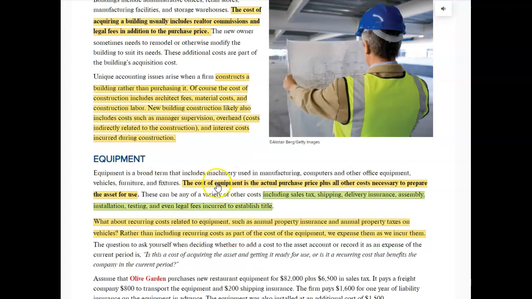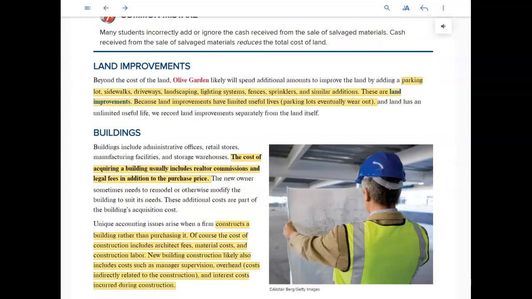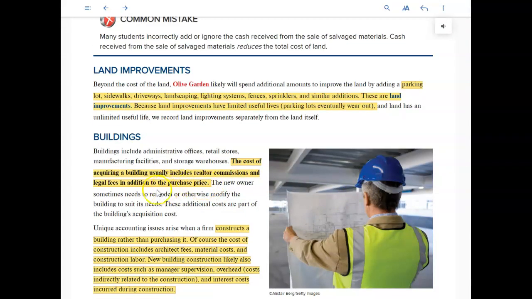For buildings, similar to the land, the cost of the building usually includes commissions we're paying, the legal fees and so forth, title transfer. All that goes into the cost of the building. If we build our own building, then we're going to pick up the cost of architect fees, materials cost, construction labor, and also costs such as manager supervision, overhead cost that relate to the construction, and interest we paid during the construction period.